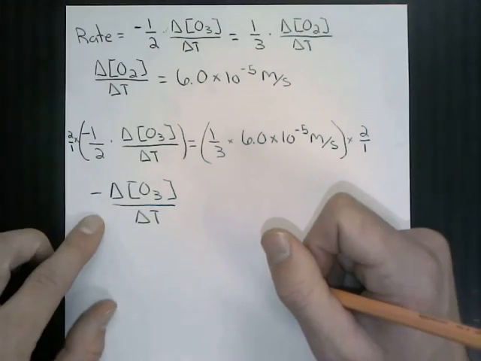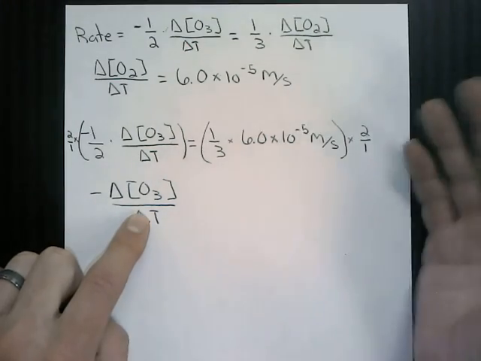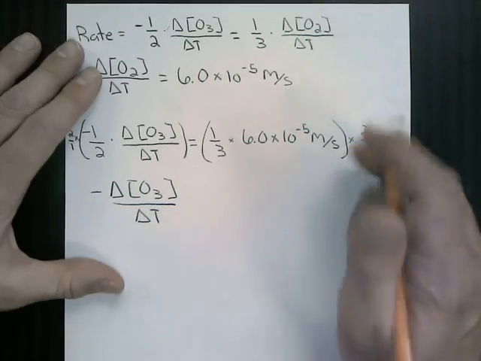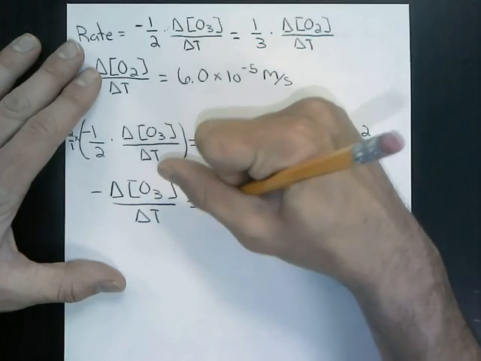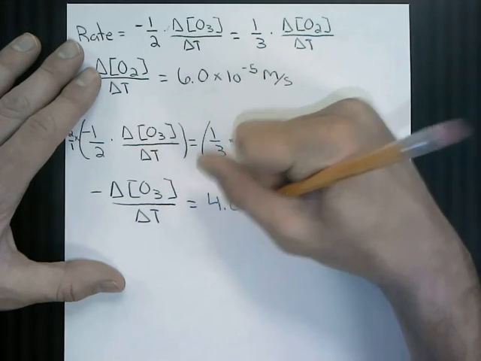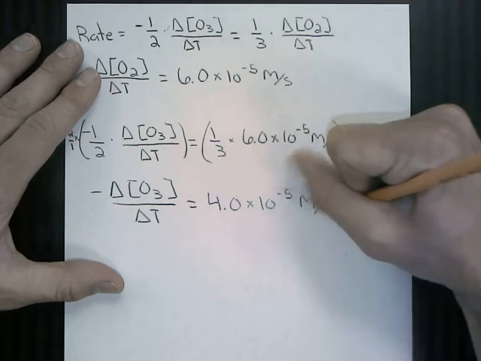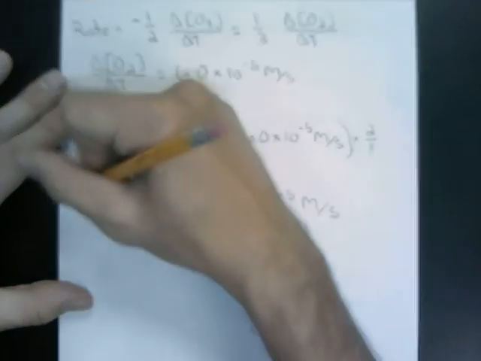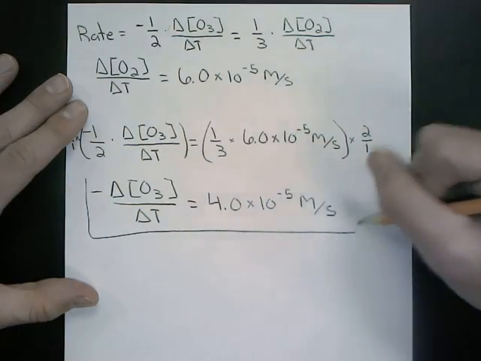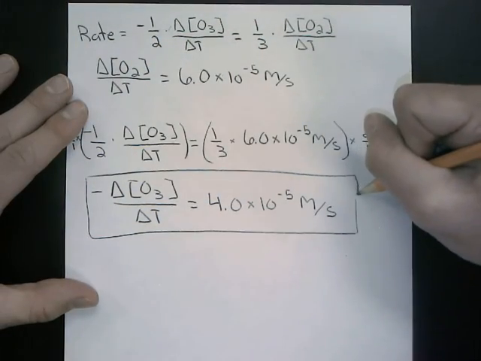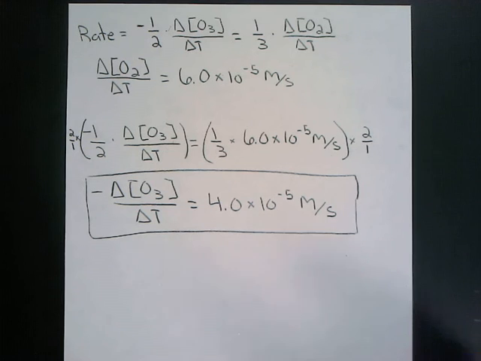And what that negative means is that ozone is disappearing, just like it said in the equation. That's what that negative sign means. But that is equal to 4.0 times 10 to the negative fifth molarity per second. All right? So that becomes our answer. Again, all we're doing here is using stoichiometry to solve our equation.